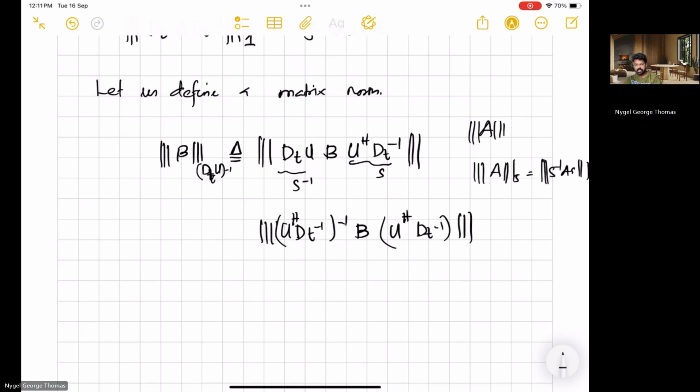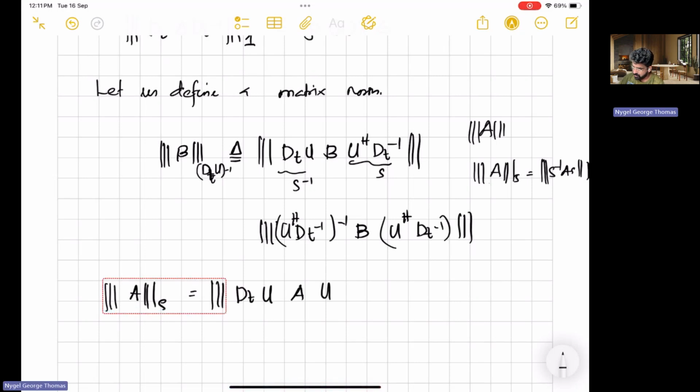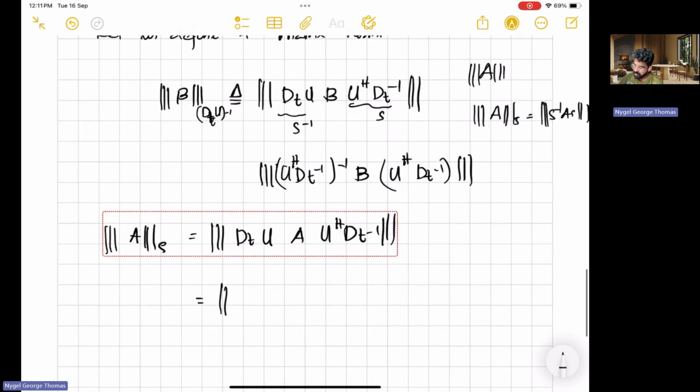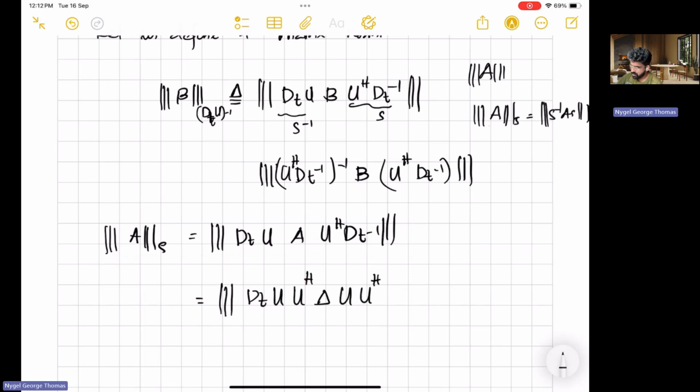Okay. Now, this is for the generic case B, but let's find the S norm of A. This is equal to the norm of D_t U Hermitian A U D_t inverse. But by the Schur triangularization theorem, A can be expressed as U times the triangular matrix times U Hermitian.